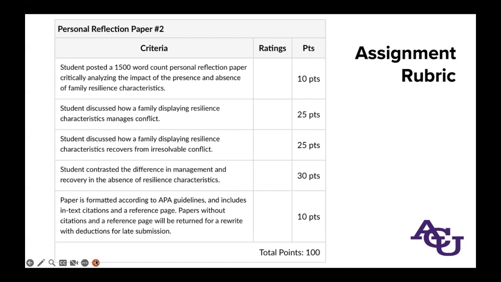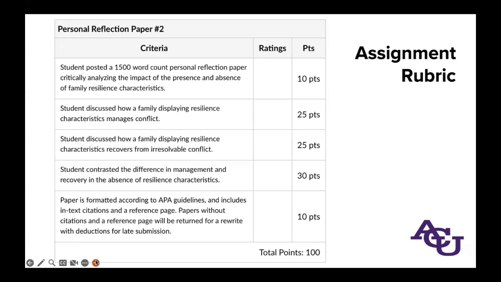And then really when it comes to your analysis with your critical thinking skills in terms of the difference in management and recovery, when you've got resiliency and absence, how do family members deal with each other? How do they interact with each other? How does a family display resilience characteristics when they do recover from irreconcilable or irresolvable conflict?